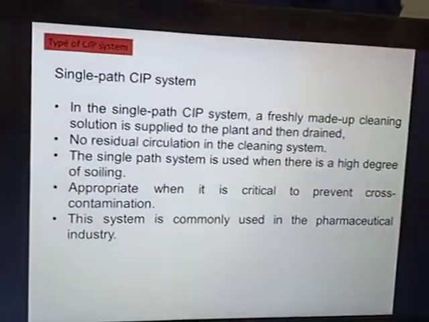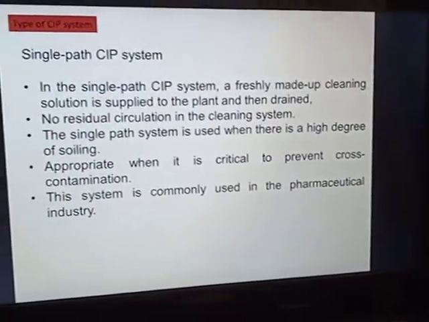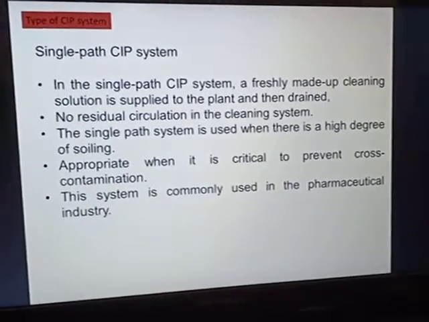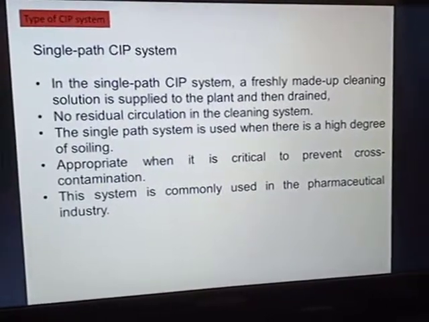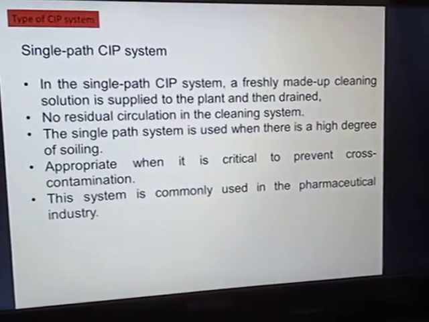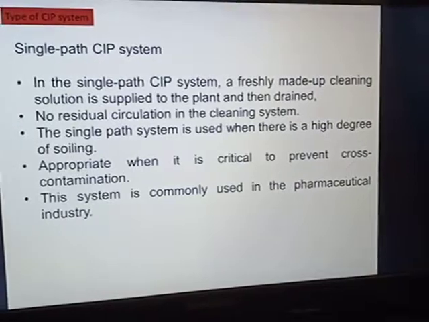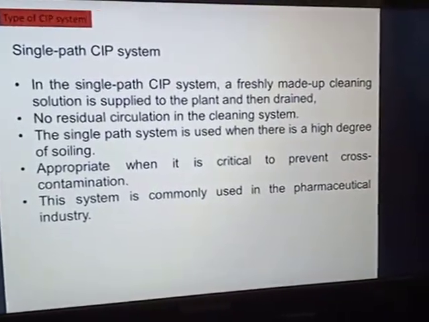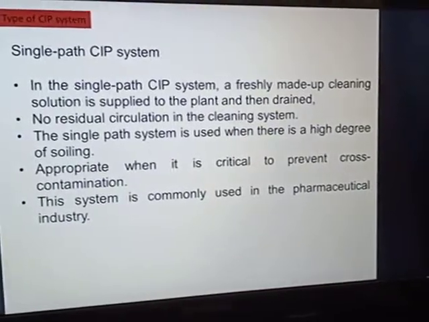Types of CIP system. You have several types of cleaning in place system. Number one is the single pass CIP system. In this system, a freshly made up cleaning solution is supplied to the plant and then drained out. There is no residual circulation in the cleaning system.